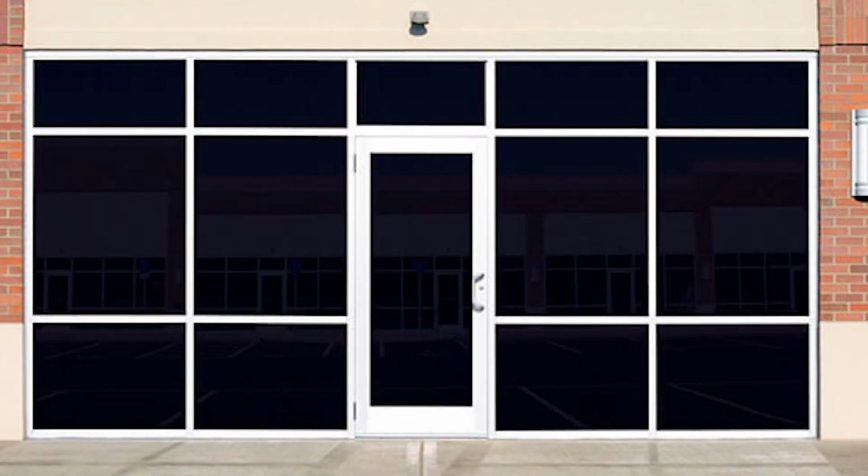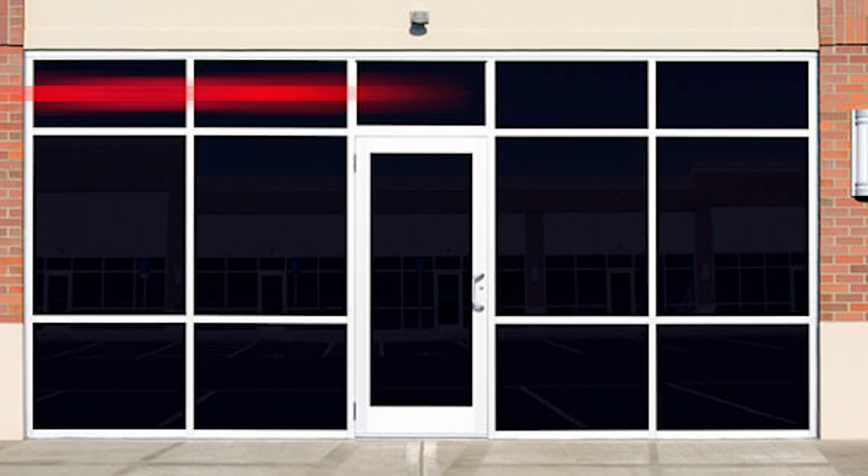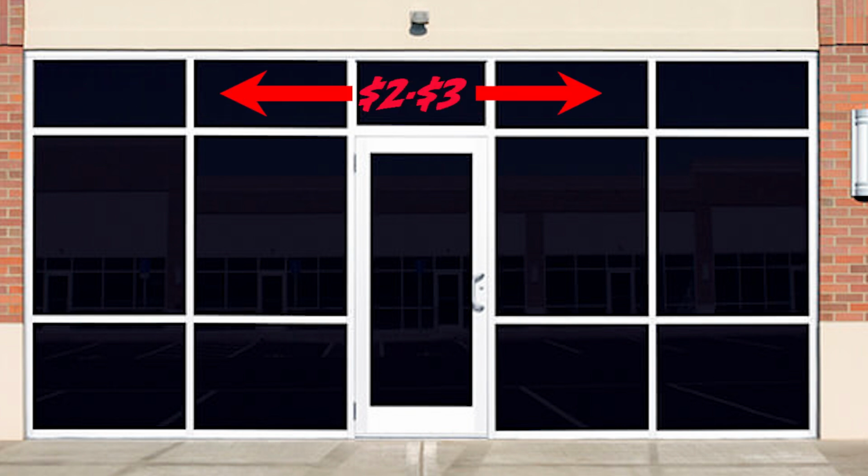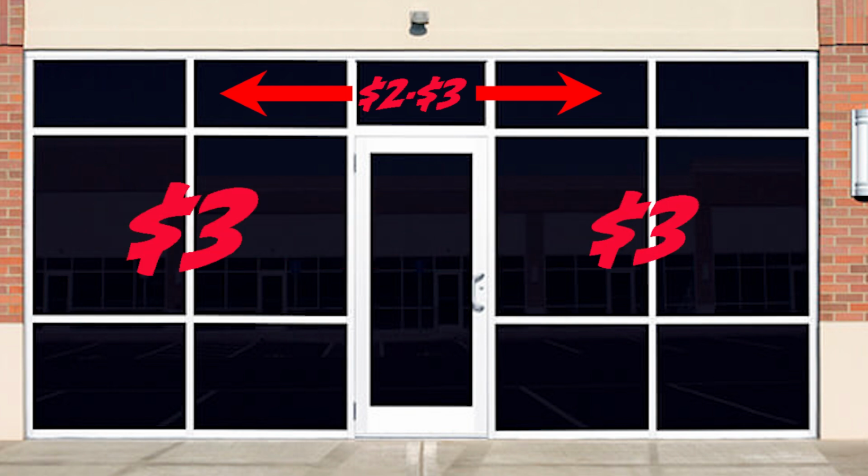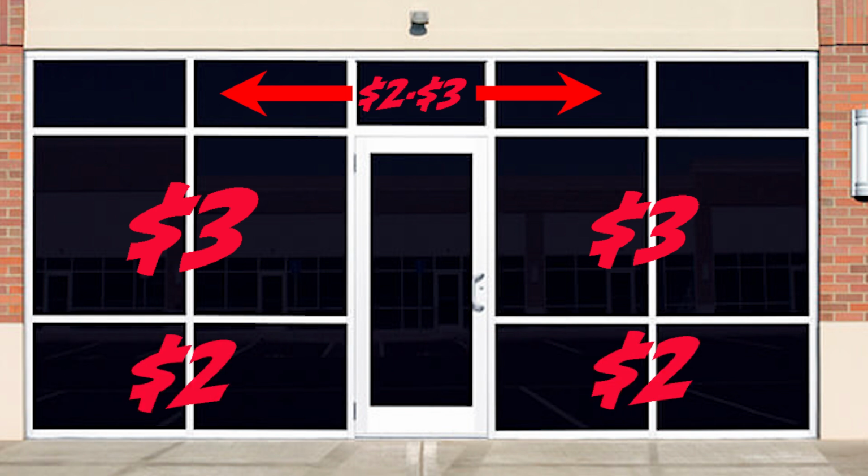So when I look at a storefront like this, I'm about to do about $2 to $3 on the top row. On the middle row, as far as the larger 4 windows, I'm going to be at about $3 a window. And then the bottom windows, I'm going to be at $2 a window again. And then for the door, I always do doors at $3, or even a little bit more, especially for a restaurant.